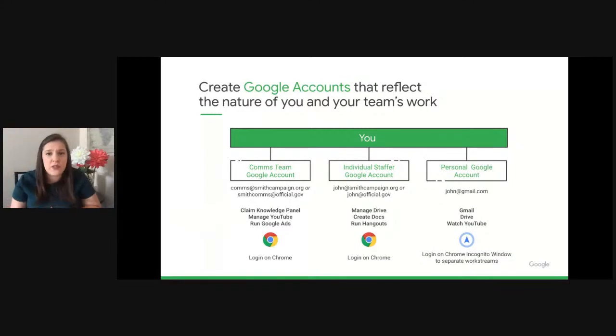The other two buckets over here are your individual staffer accounts. And those are your personal email addresses, both at work for your organization, and then also your Gmail accounts as well. So really managing the things that you have. So your own Drive, your own Docs, your correspondence on Gmail, things like that. So things that really aren't owned by the office, but more owned by you.